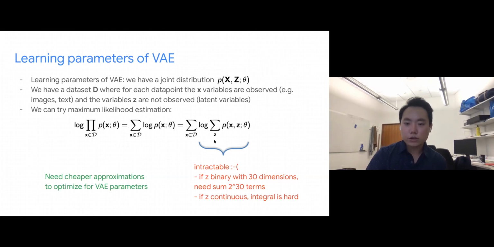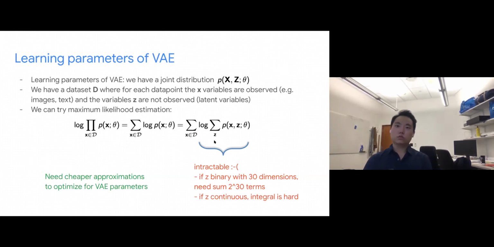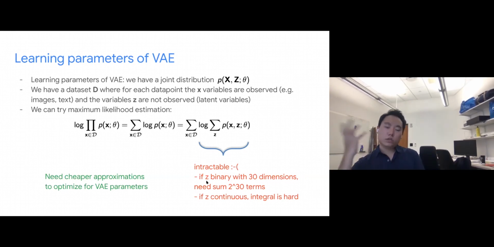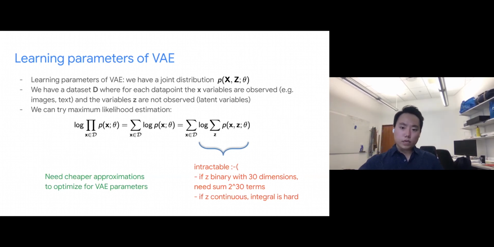So soon you realize that while you want to use neural networks to learn these variational autoencoders, you're going to run into a lot of trouble, especially when you try to model high-dimensional data with a high-dimensional latent representation Z. So the key here is that we need cheaper approximations to actually be able to optimize for these VAE parameters.